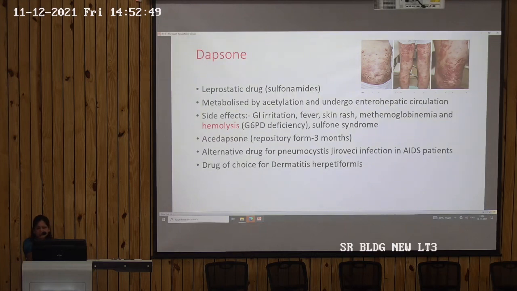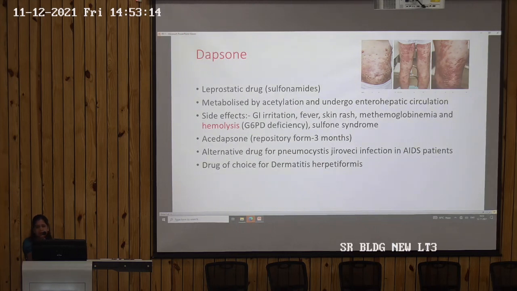It is a sulfonamide, so it inhibits the mechanism. What do sulfonamides do? Folic acid synthesis inhibitor. So it also inhibits that, and inhibits purine synthesis and DNA synthesis. Metabolized by acetylation and undergoes enterohepatic circulation just like rifampicin.